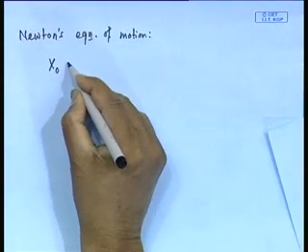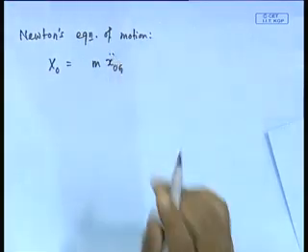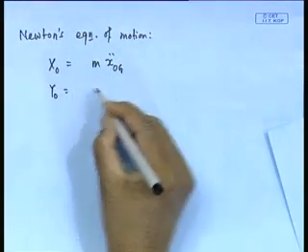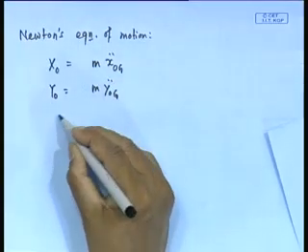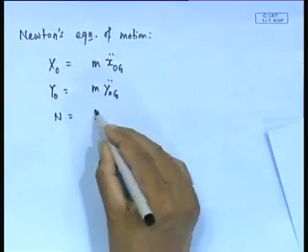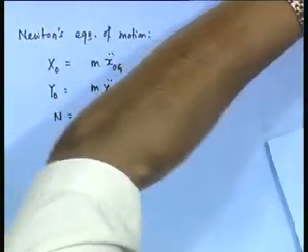So, I have X0 equal to mass into x0g double dot, Y0 equal to mass into y0g double dot, and N equal to Iz psi double dot.